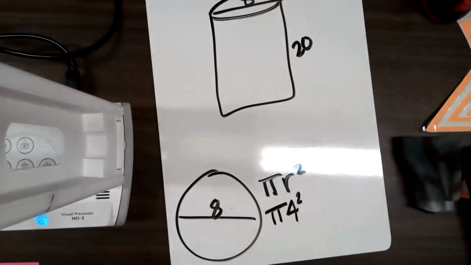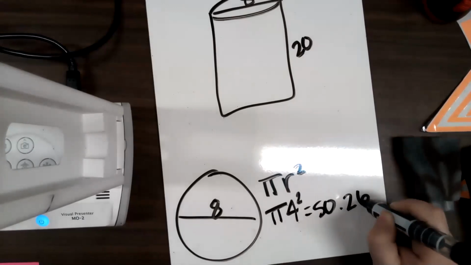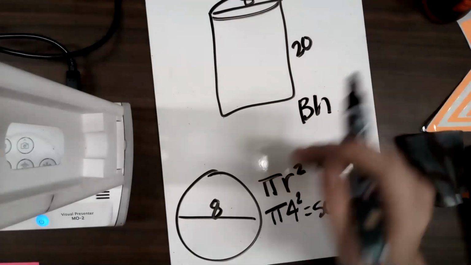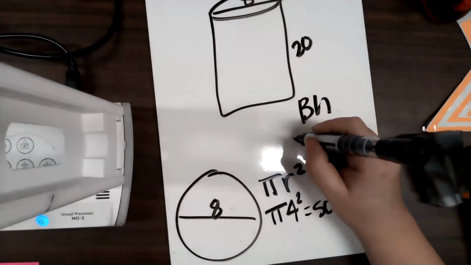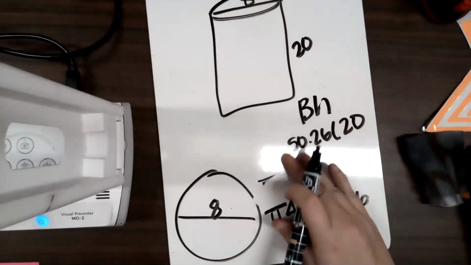You can do that in your calculator. You get 50.26. So I'm going to do 50.26 times my height, which is 20.